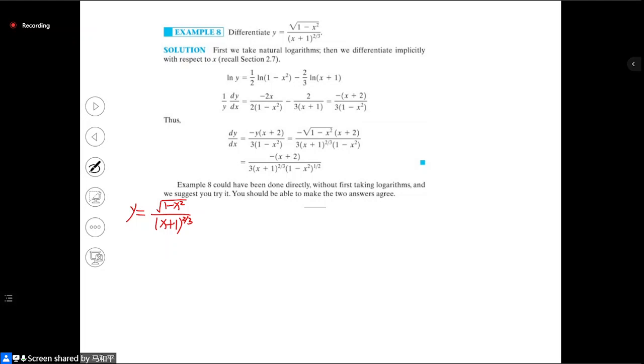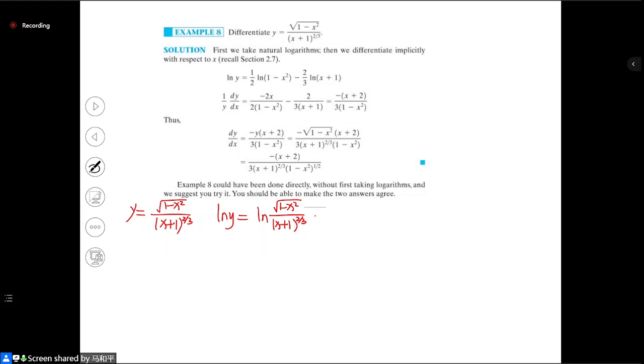This means on both sides we take ln y is equal to ln of the square root of (1 minus x squared) over (x plus 1) to the power 2 over 3. Take natural logarithms.